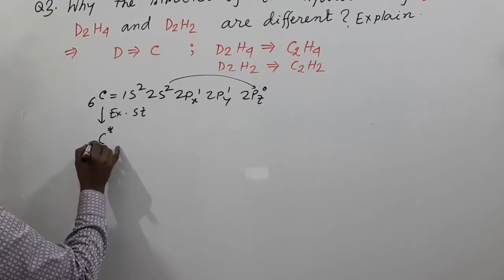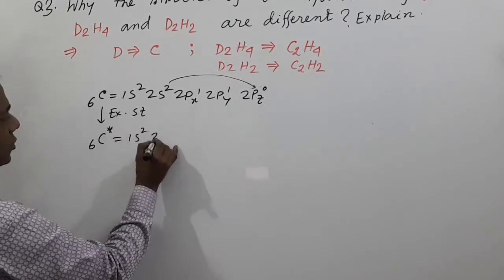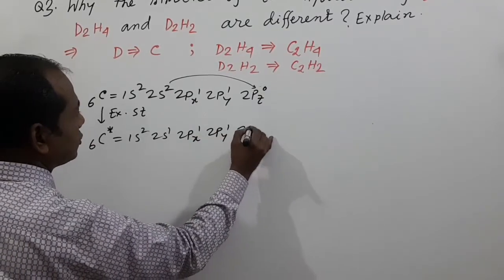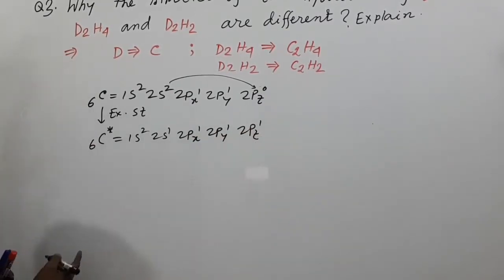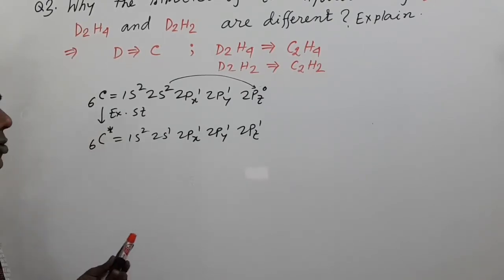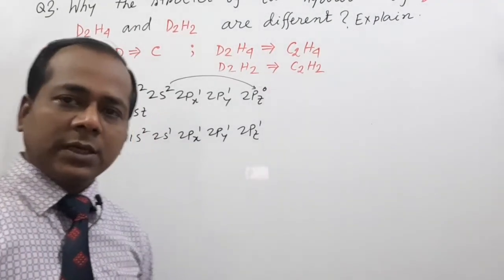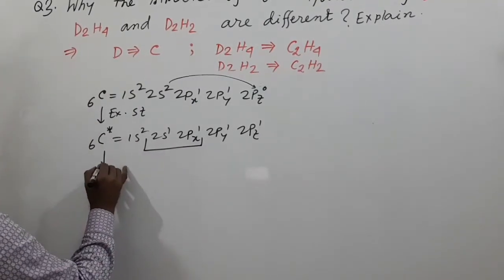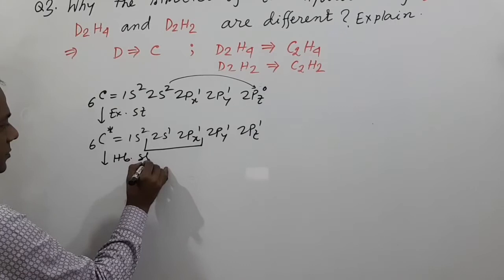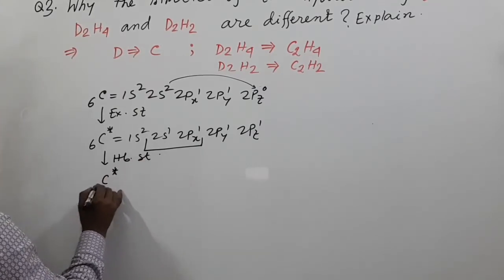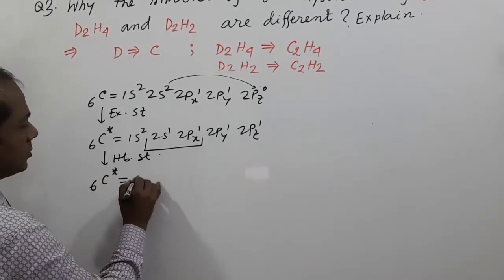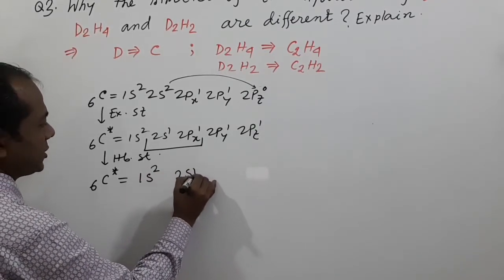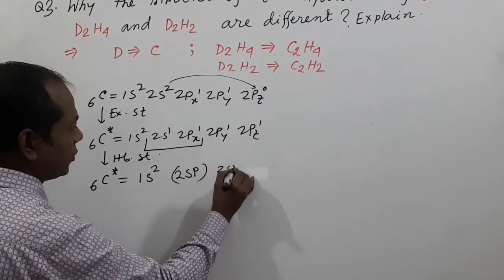Then we get 1s2, 2s1, 2px1, 2py1, 2pz1. Now, 2 pi bonds are present, so one s and one p orbital mix together. This is the hybridizing state, and they form two identical sp hybrid orbitals, 2sp, 2sp.